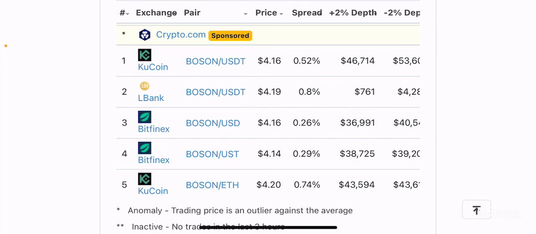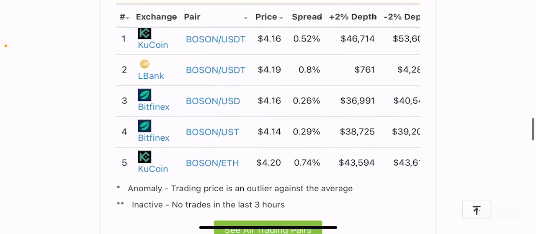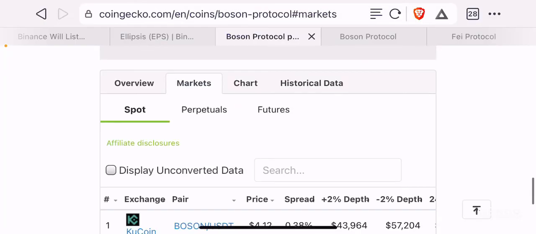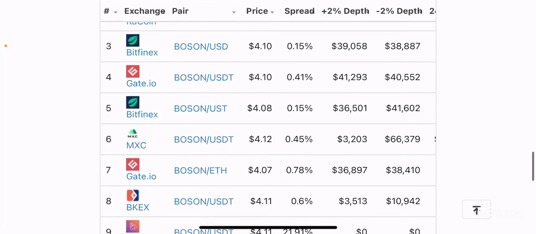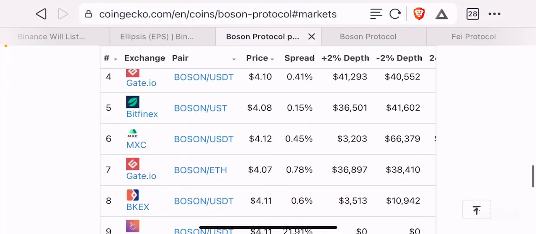And on Bitfinex, you can basically buy it with UST, which is, I believe, the Terra stablecoin of US dollars, called UST, right? So again, very little market. It's not even available on Uniswap. Again, you can also get it from gate.io, and that's pretty much it.